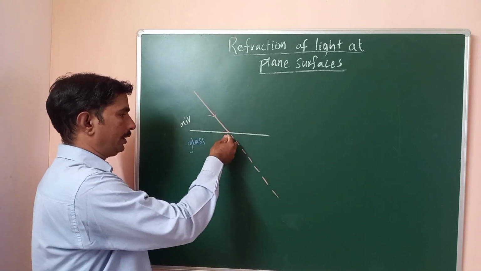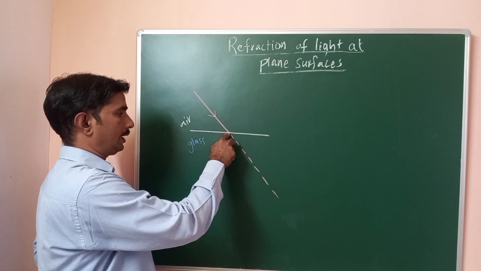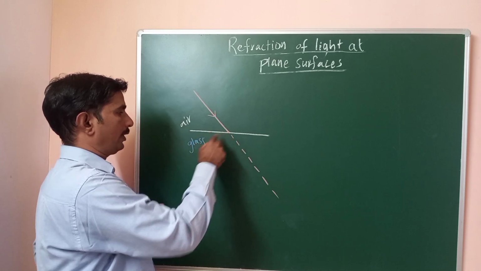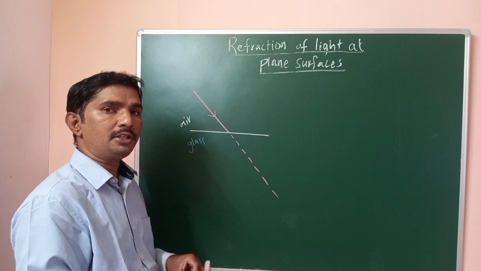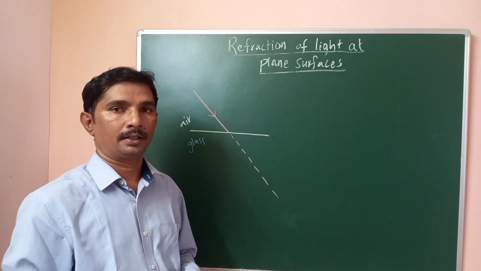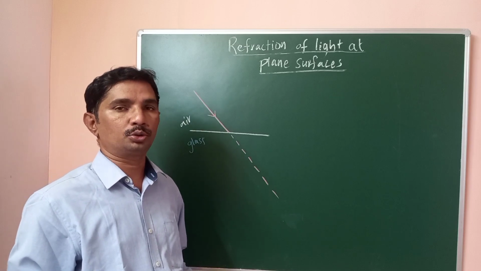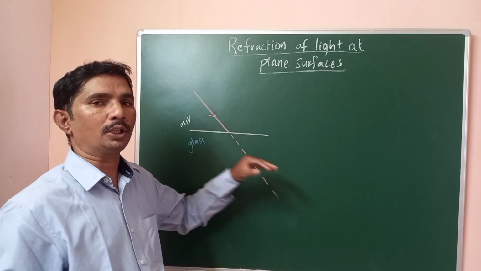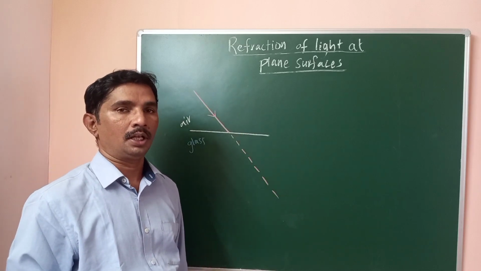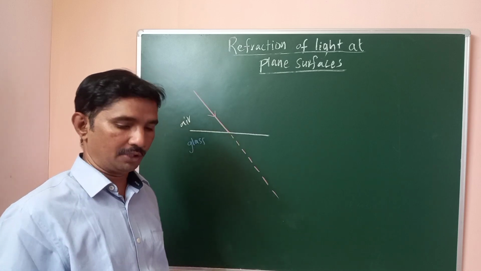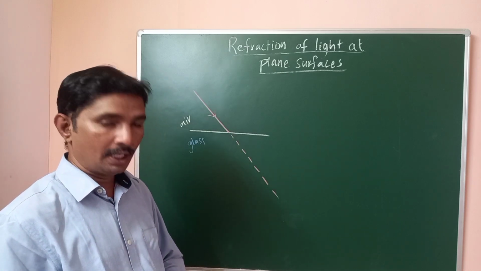But at this point where the light ray meets the surface of the glass, it will change its velocity. Because in glass the molecules are quite close to each other, and in air the molecules are quite far from each other. Therefore the velocity of the light changes.